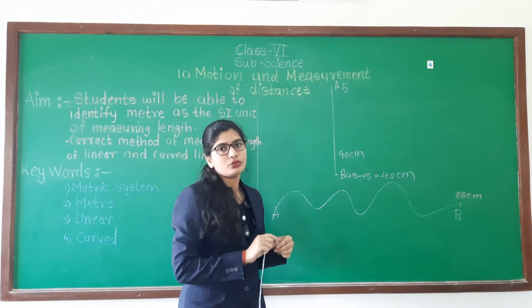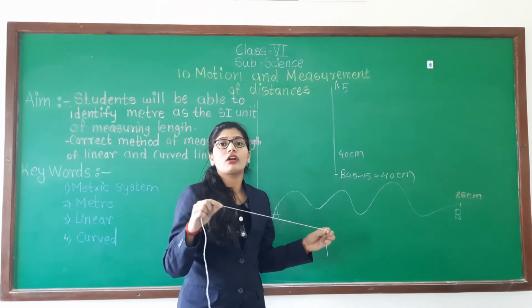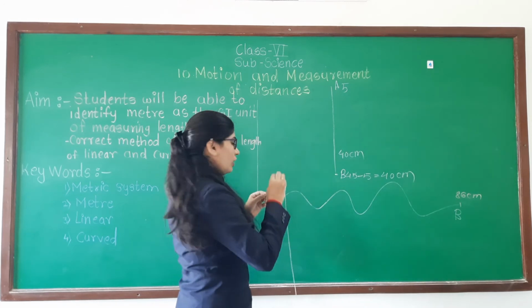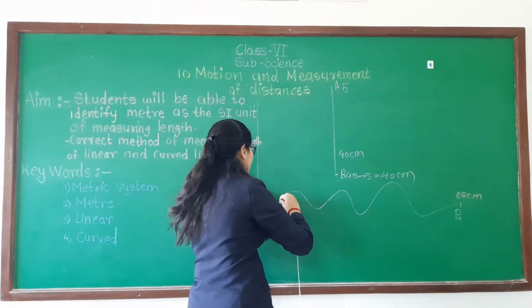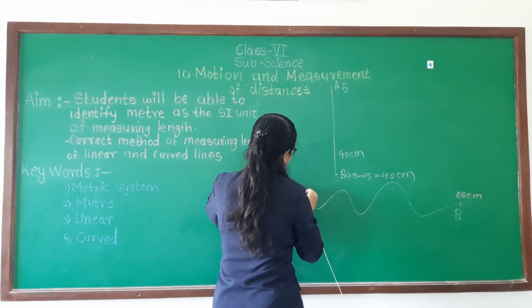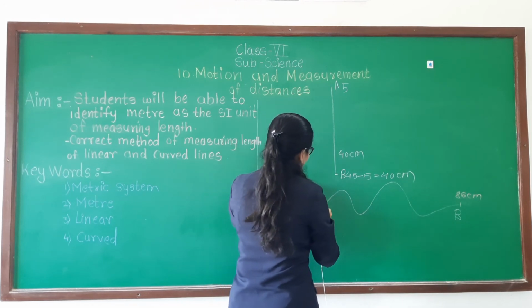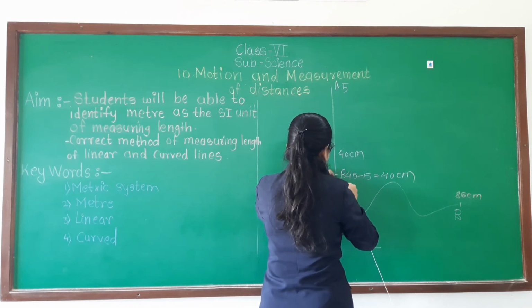So what you have to do when you want to measure the correct length of a curved line? First you have to take a string, then put the string here. So like that you have to measure the curved line.